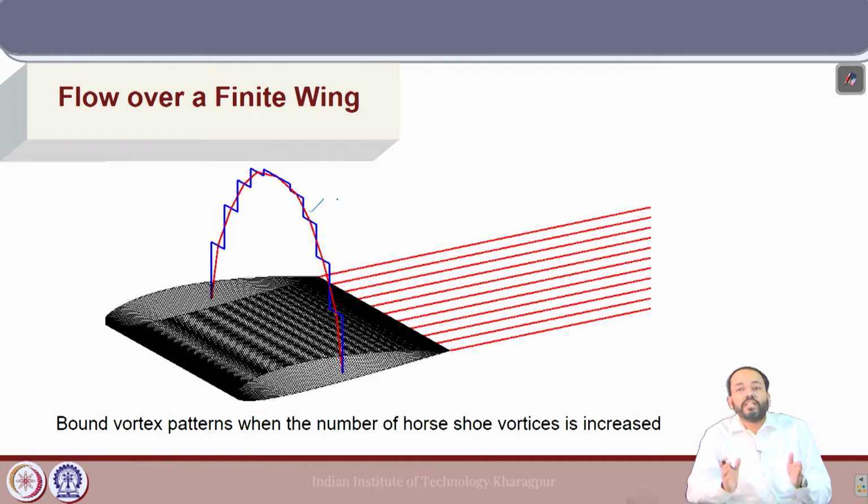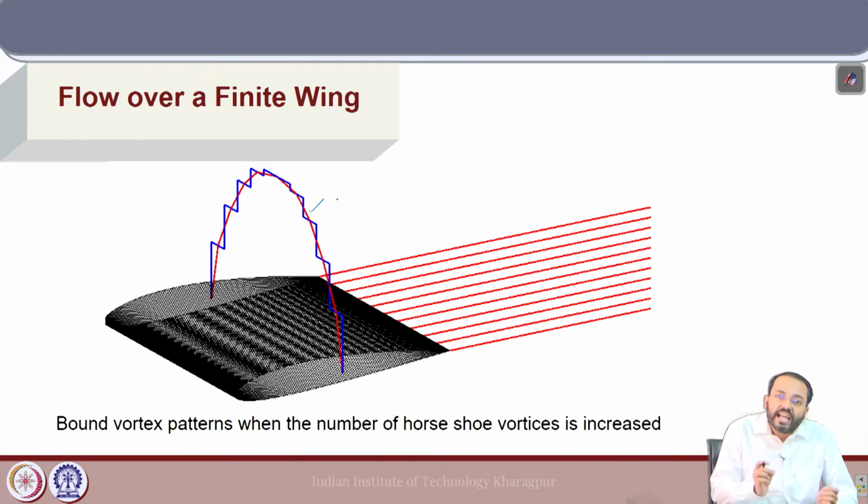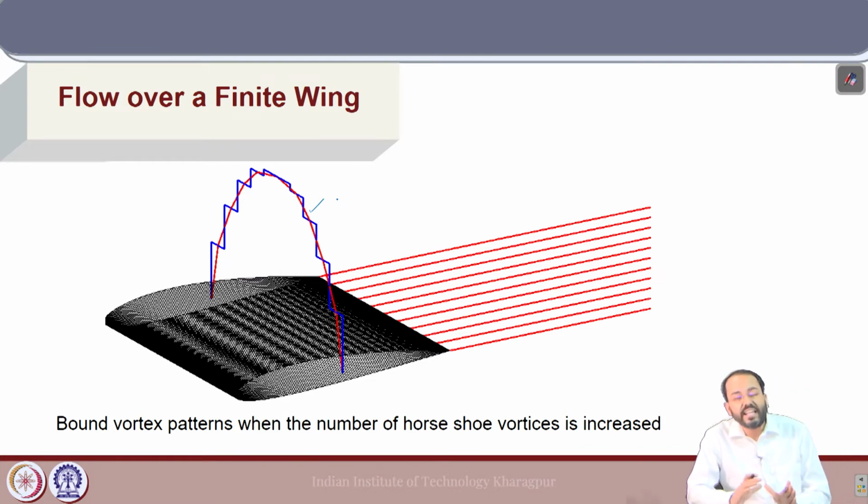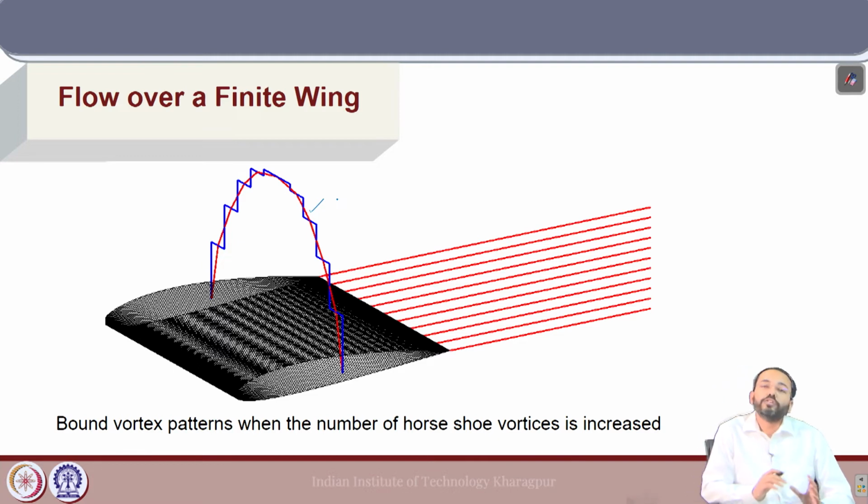The closer we make these elements, the closer we get to the actual circulation distribution, and finally the entire trailing edge will shed a vortex sheet, the strength of which depends on the airfoil geometry or the wing geometry basically, and also on the angle of attack and the flow conditions.